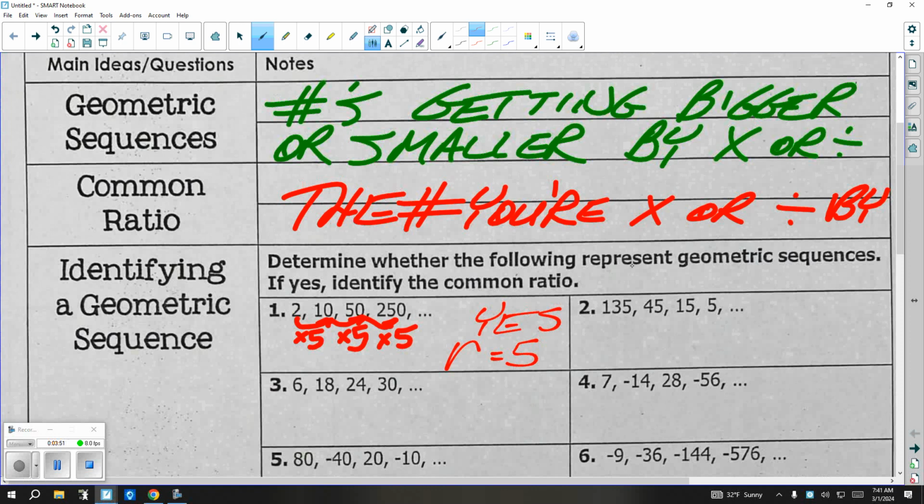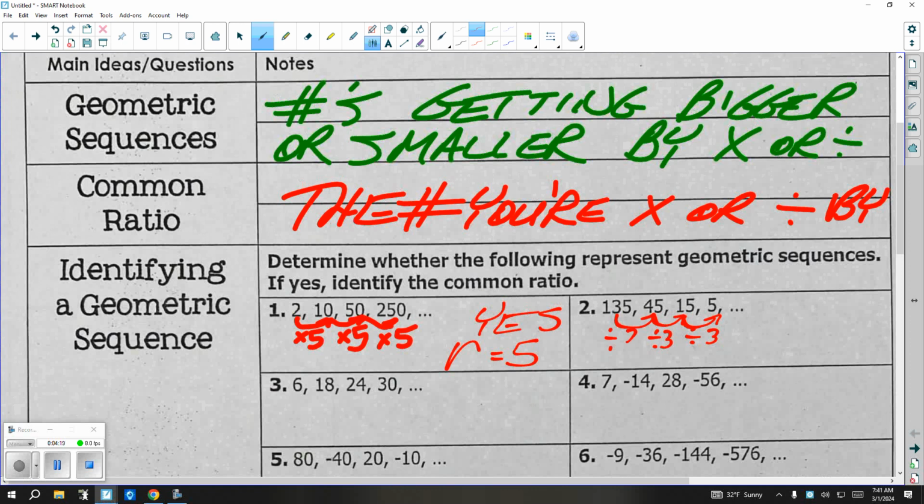Okay, now I need to bust out a calculator. I don't like that 135, but let's go down to the smaller numbers because I can do this in my head. Here, I'm dividing by 3, right? Here, believe it or not, I'm dividing by 3. Just got to trust me. And if I punch that in my calculator, 135 divided by 45, I'm dividing by 3.